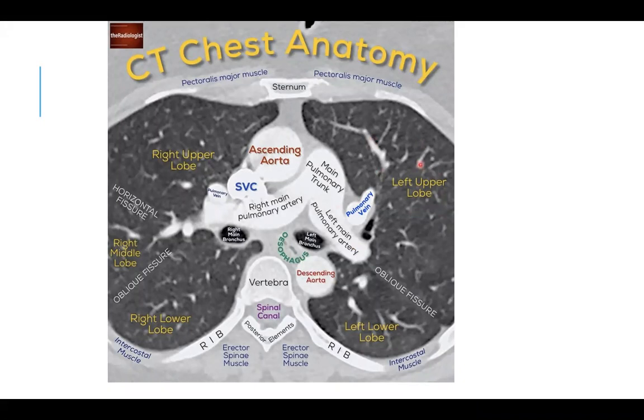So left upper lobe, right upper lobe, right lower lobe, right middle lobe, left lower lobe.